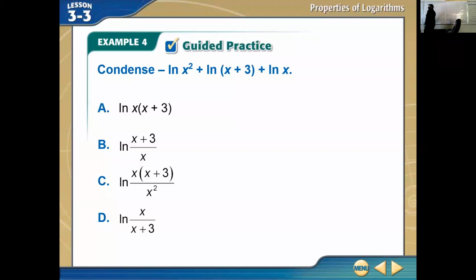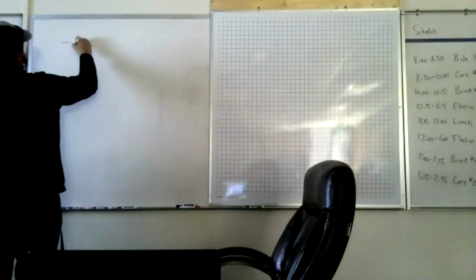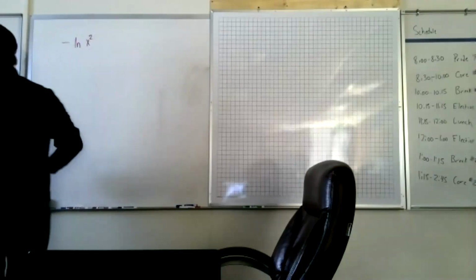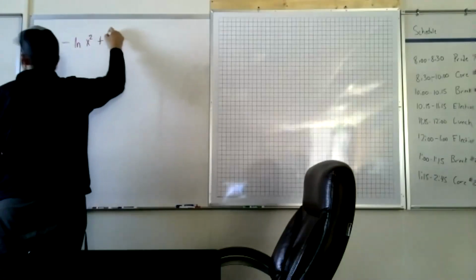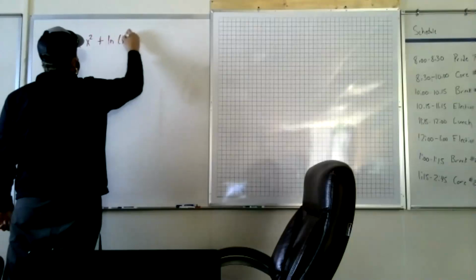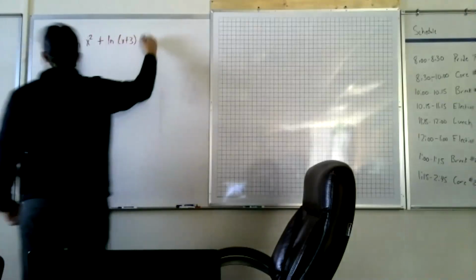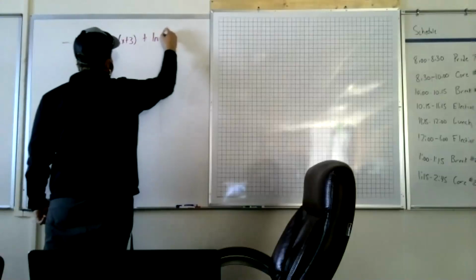So here we're condensing the negative natural log of x squared plus natural log of x plus 3 plus natural log of x. Since there's a negative out front, this corresponds to the quotient property.